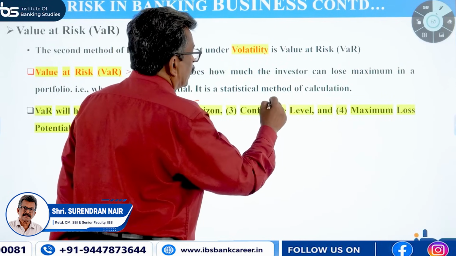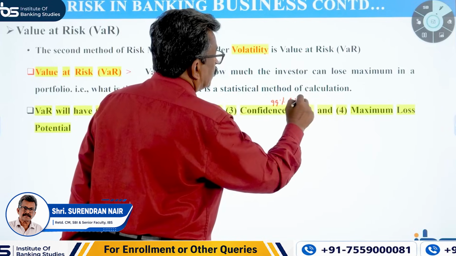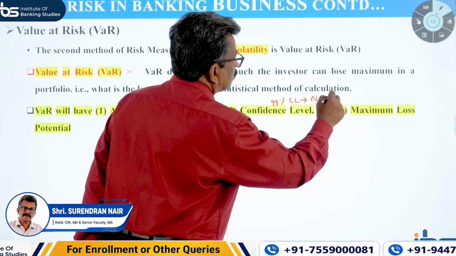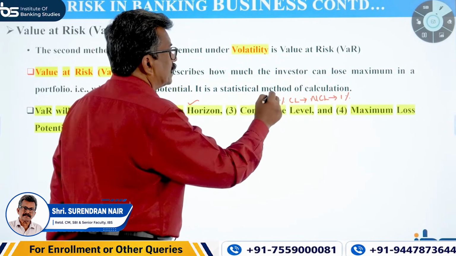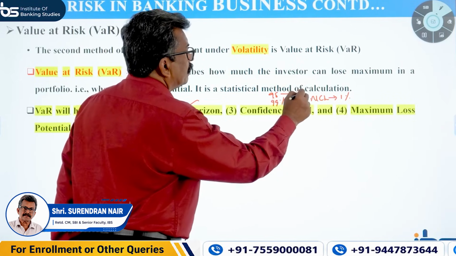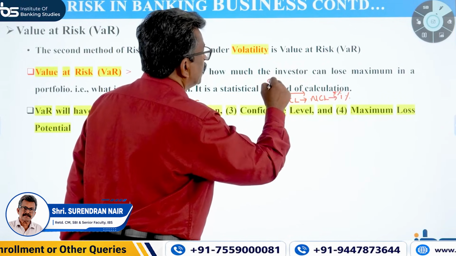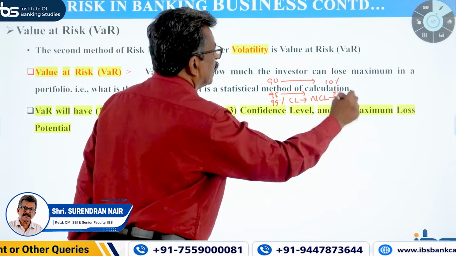Then what is the confidence level? Suppose it is 99% confidence level. Then it will also have a non-confidence level. Non-confidence level will be 1%. If confidence level is 95%, non-confidence level will be 5%. If confidence level is 90%, non-confidence will be 10%, like that.